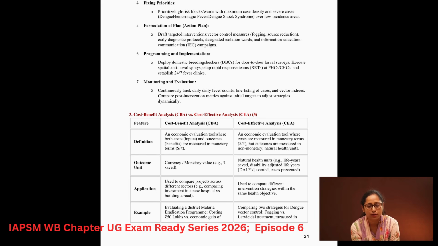In cost benefit analysis, it is currency or monetary value, like this much rupees saved or dollars saved, and cost effective analysis, natural health unit like life years saved, disability adjusted life years, DALYs averted or cases prevented, like that, right. Then you write about application and give example of both.